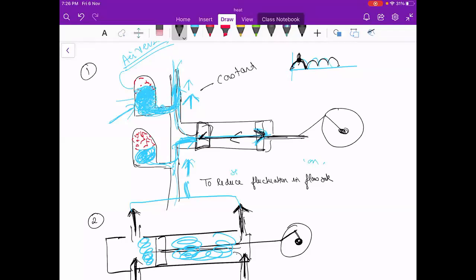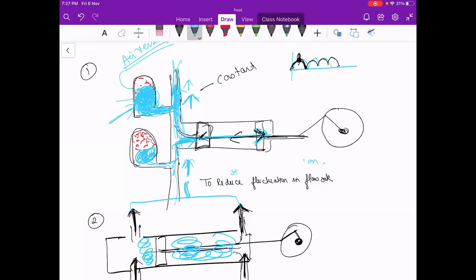But what we will do, we will insert some air vessels. In that, it is filled with air. So what will happen when the pressurized liquid is going, it will go to the pipe and also to this air vessel. It will compress the air present in that, and that liquid will be under pressure. When the piston is again going back, the pressure is released.